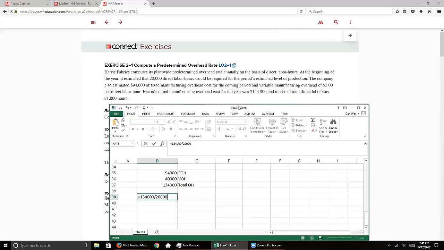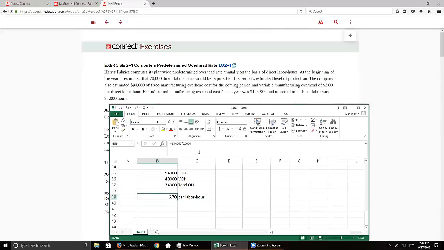So when I crunch that, we get, blow out the decimal here, $6.70, and that's per labor hour. Because, again, that was our allocation base that we're working with. We want to represent those overhead costs as a function of per labor hour. I'm sorry, I was writing. Can you go back to how you got the 6.7?